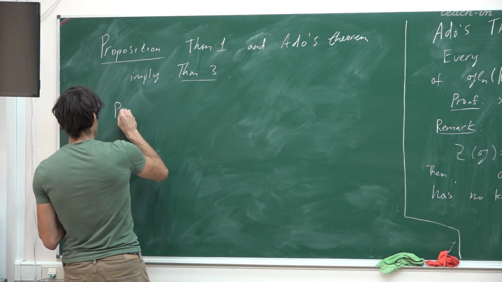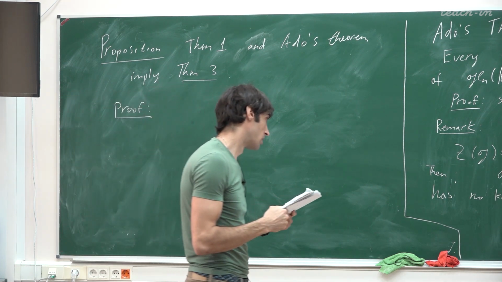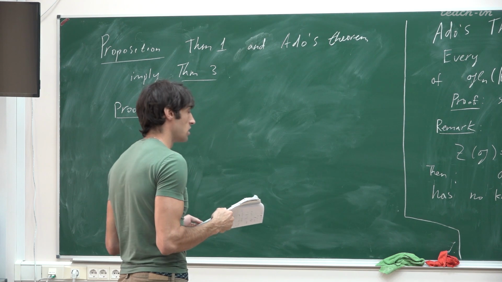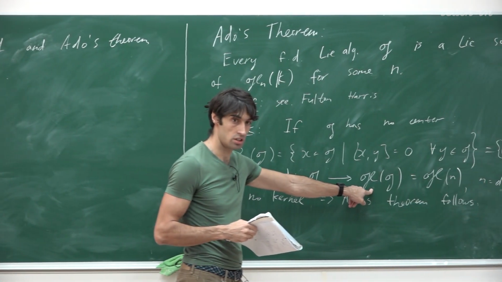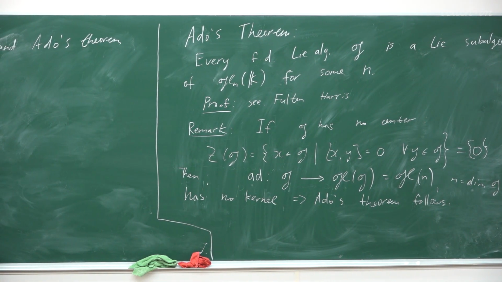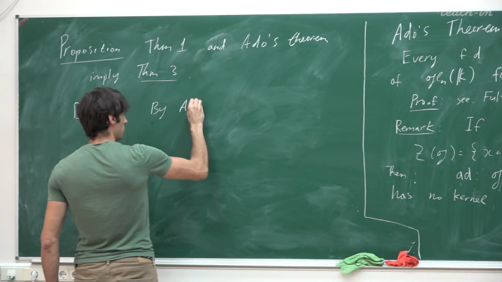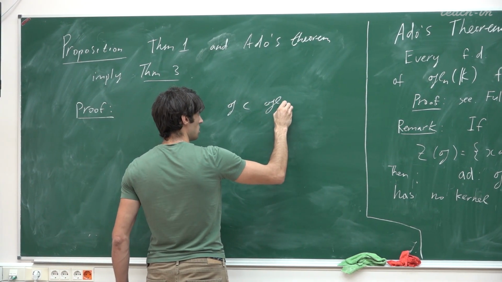So, proof of proposition. You know that 𝔤 is a subalgebra of gl(𝔤), right? So by Ado, 𝔤 is a subalgebra of gl(𝔤).